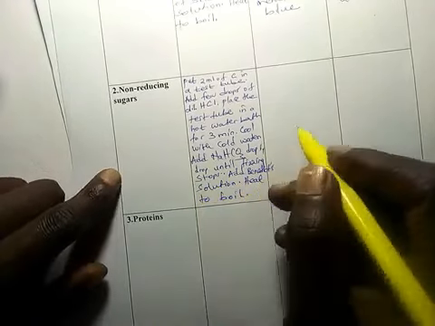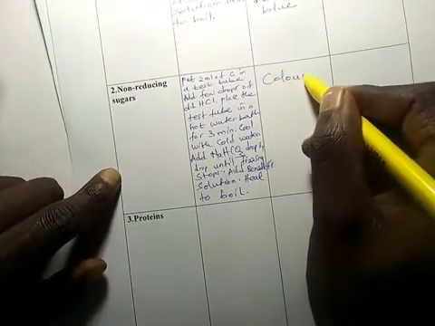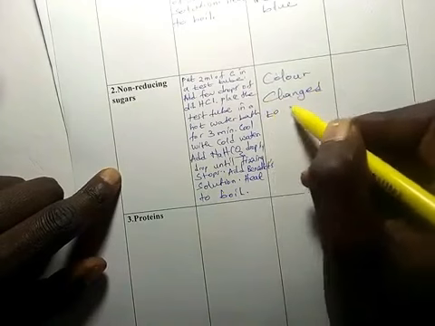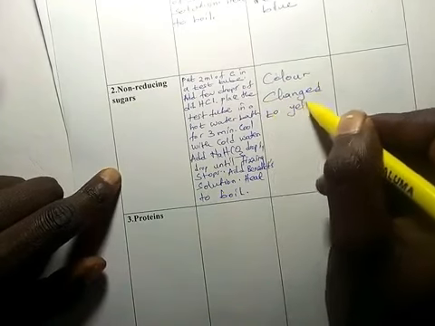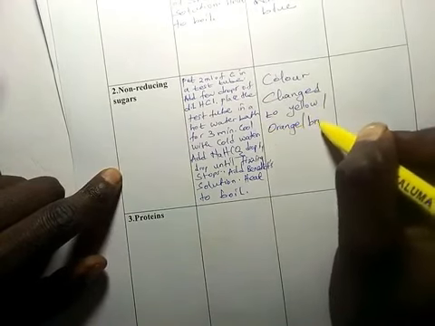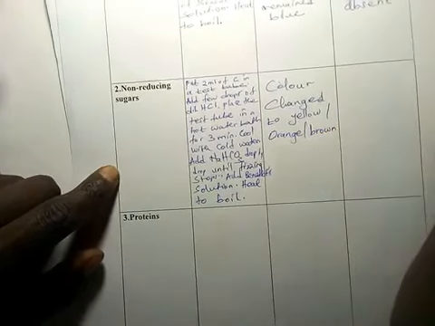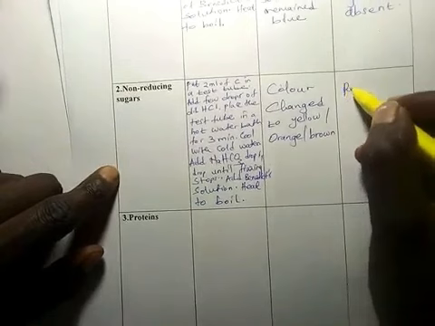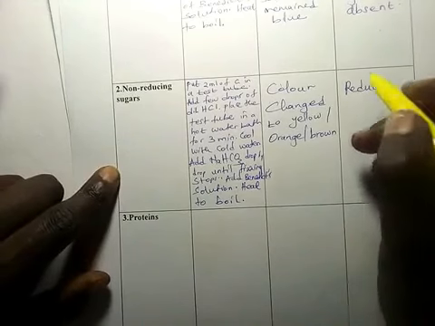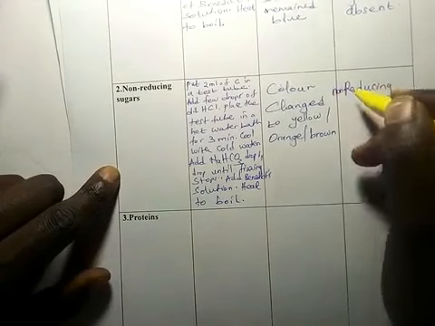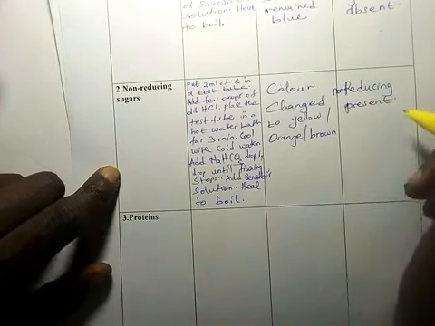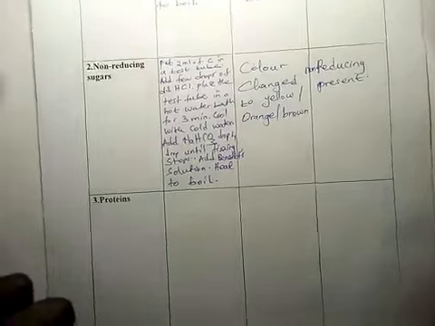Now here the color changed to yellow, or orange or brown. That is the color you expected. Now, conclusion: the non-reducing sugars present, and reducing sugars present.